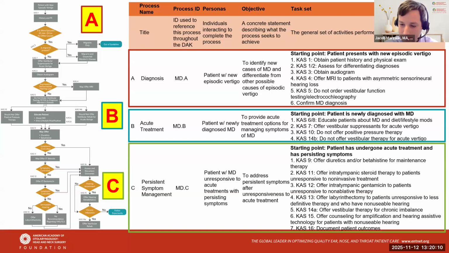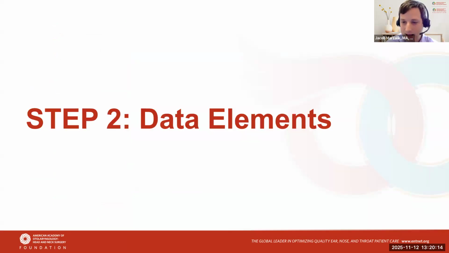And so these steps then become data elements, and they define what data needs to be collected at each step to ensure it was completed as recommended.